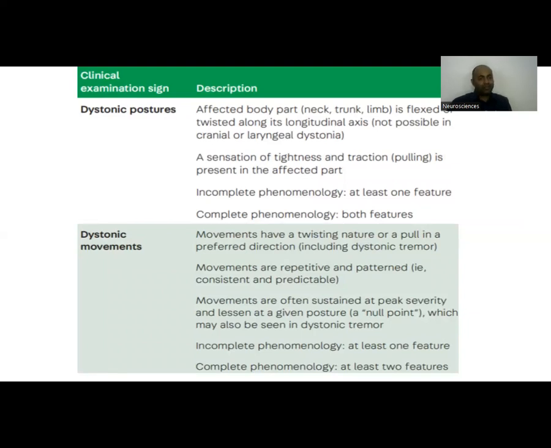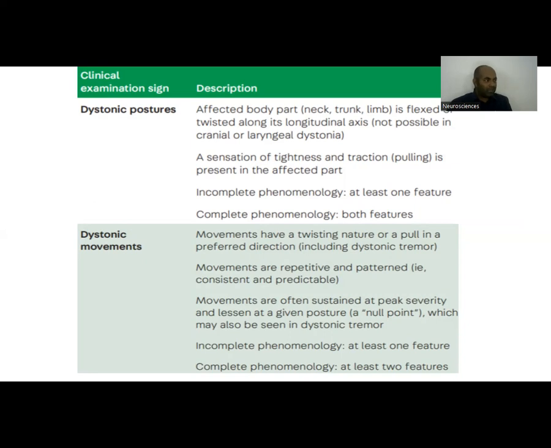There is a sensation of tightness and traction in the affected part. Dystonic movements may have a twisting nature or a pull in a preferred direction, including dystonic tremor. The movements are repetitive and patterned. They are consistent and predictable.